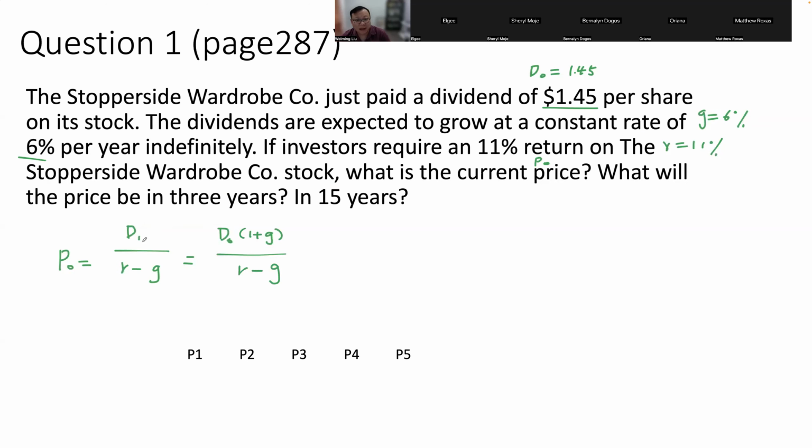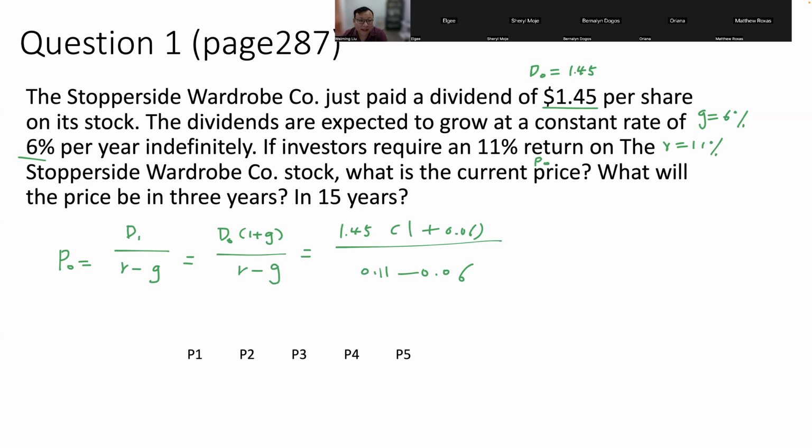On the basis of D0, next year the dividend will increase by the growth rate percentage, so 1 plus G. In this case, D1 equals 1.45 times 1.06, divided by 0.11 minus 0.06. This is my P0.